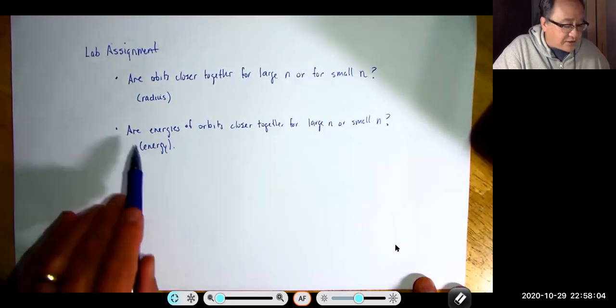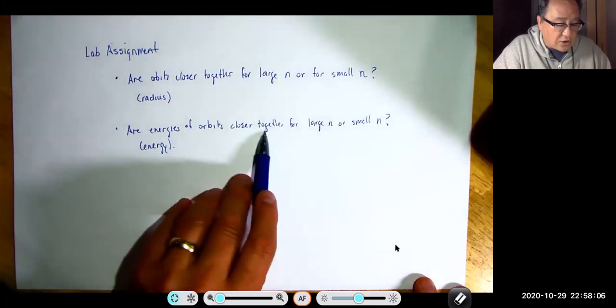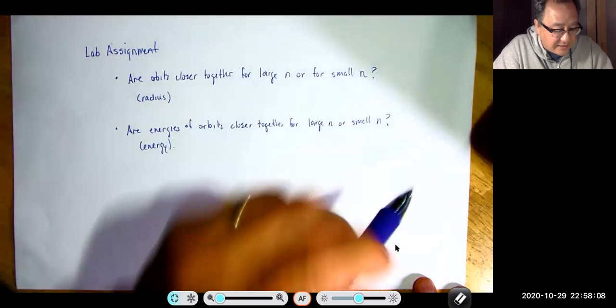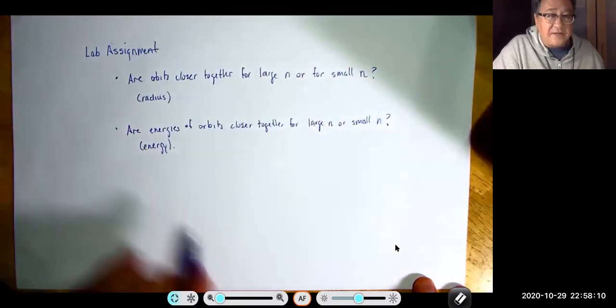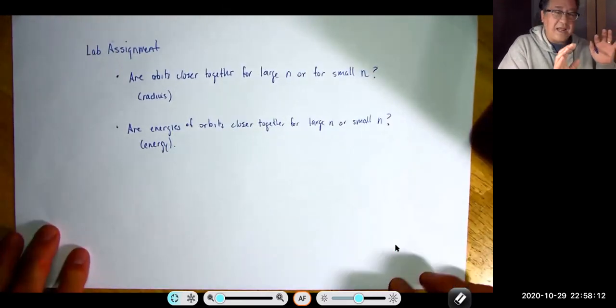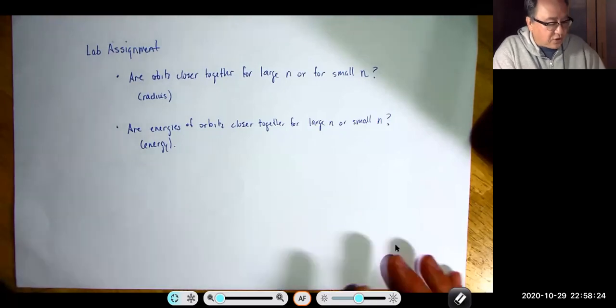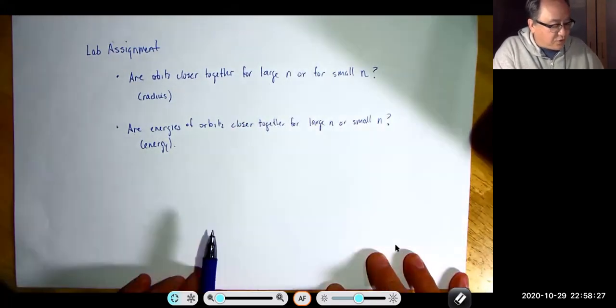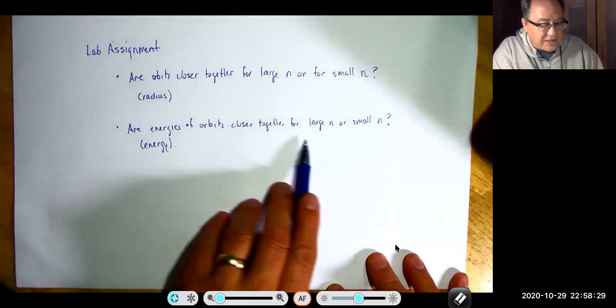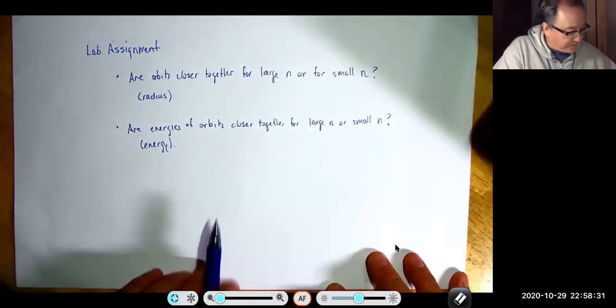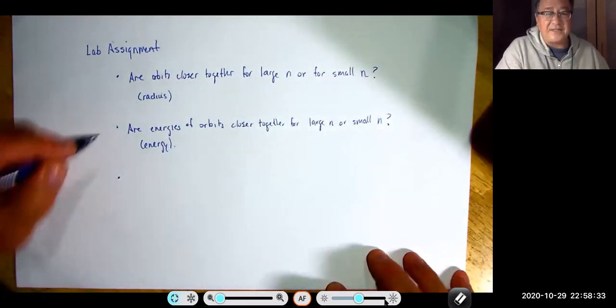And then are energies of orbits closer together for large n or small n? And here you're looking at the energy. So what I hate is when someone answers the orbits are farther apart. Well, I didn't ask you where they're farther apart. I asked you where they're closer. So answer what's asked. Which ones are closer, large n or small n? So that's one of the questions you're going to answer.